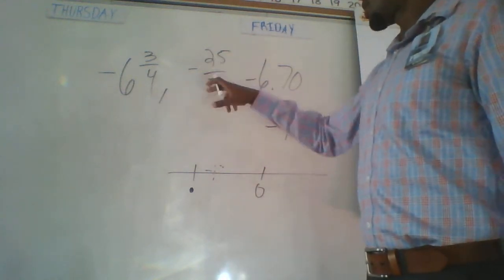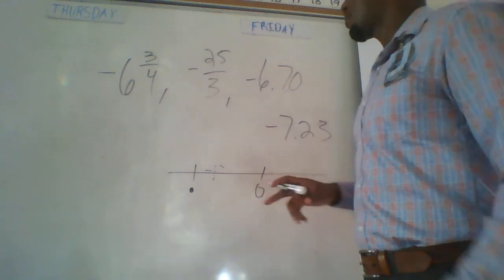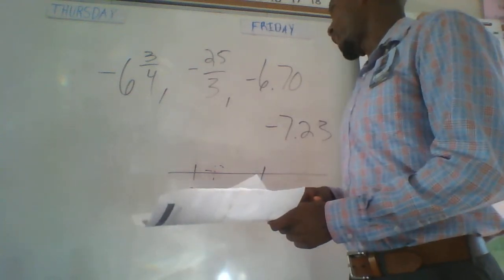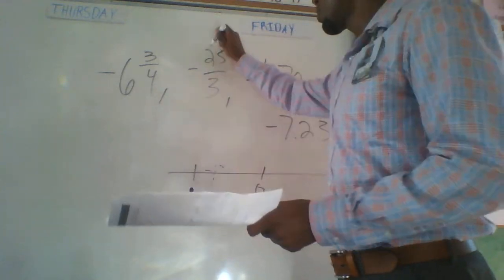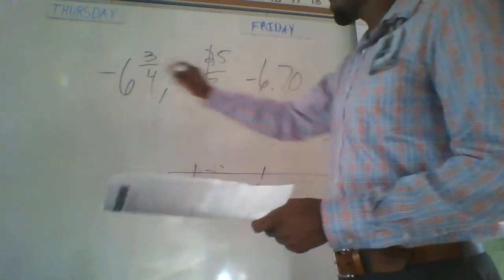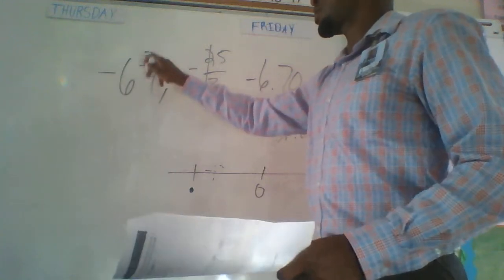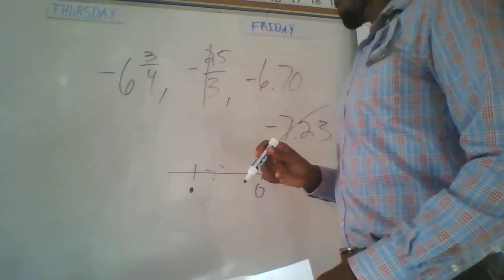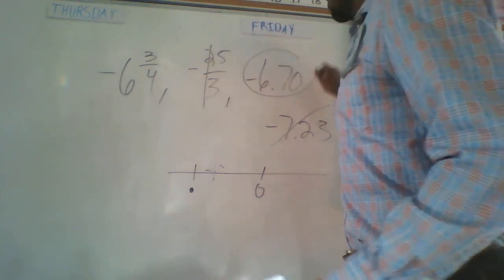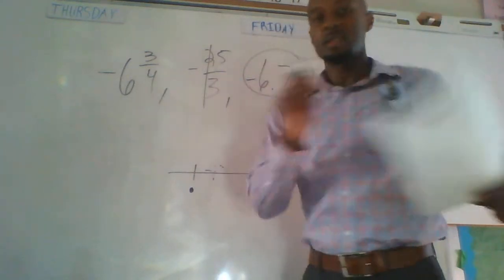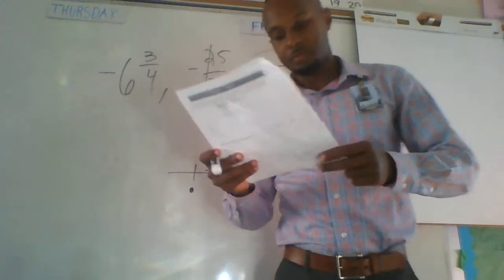So you need to figure out what this is. 3 goes into 25, 8 times. So this is -8 something, so we know that's not going to be it, and we know that's not going to be it. So it's between these two. -6 3/4 is -6.75, this is -6.70, so this is the greatest number, because it's the closest to 0.